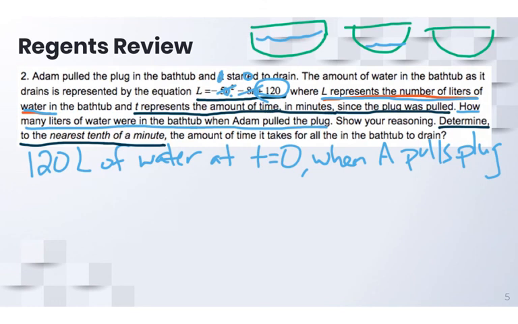So for this L, for the L or the Y value to become a 0. And remember, whenever we solve for x, whenever we find the root, the y value, and in this case, the L is in that y place, becomes 0. All right.